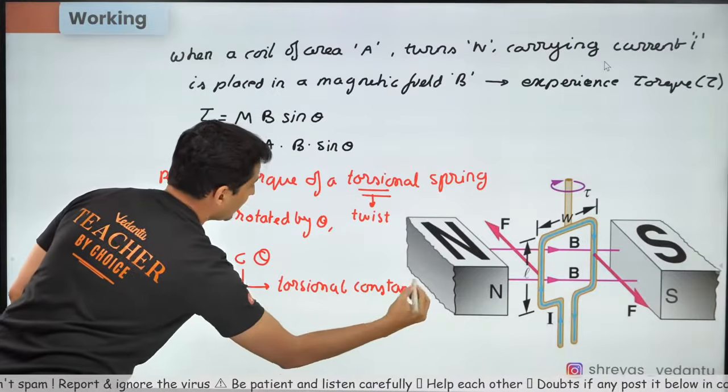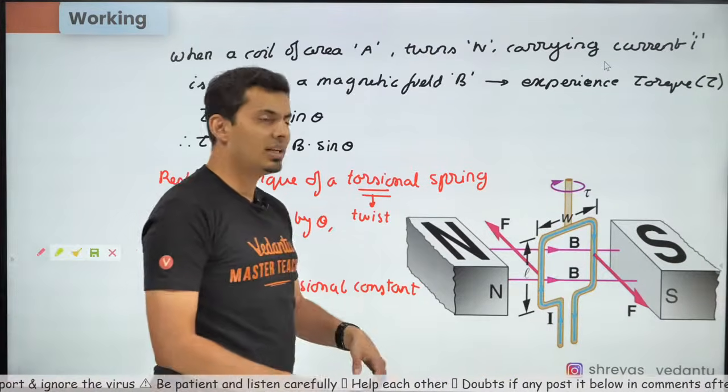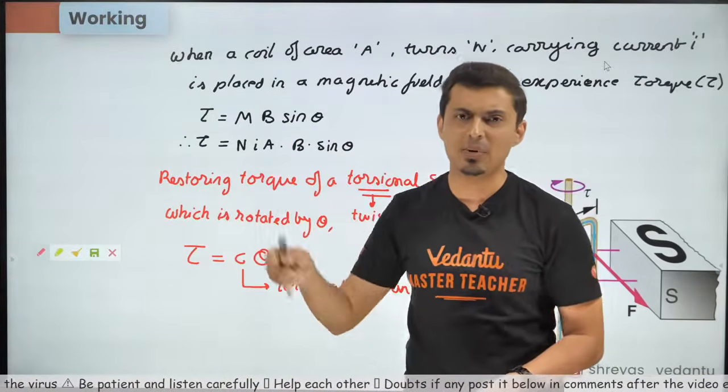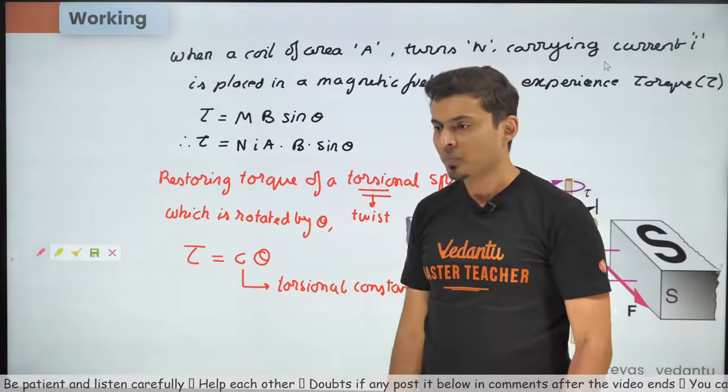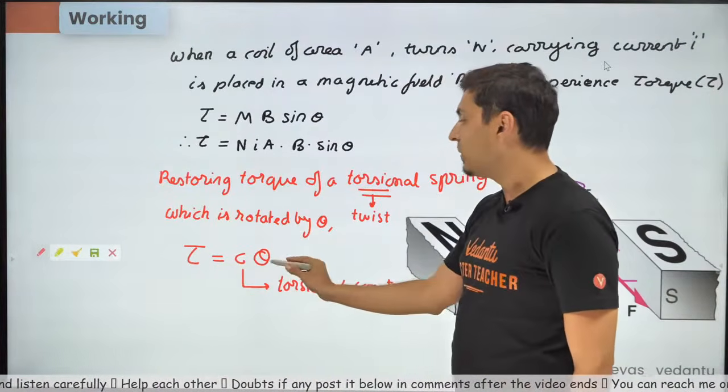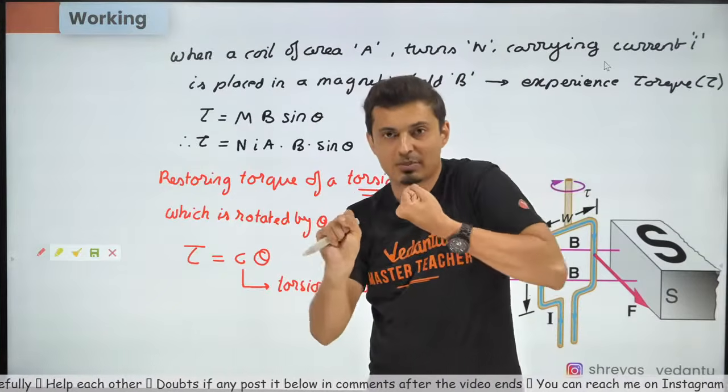Torsion means twist, so a torsional spring is a spring which is twisted. Just like you have a spring constant, you have a torsional constant. Some books use the symbol K or kappa and different things. So what is theta? This theta over here is the amount by which you twist the spring.